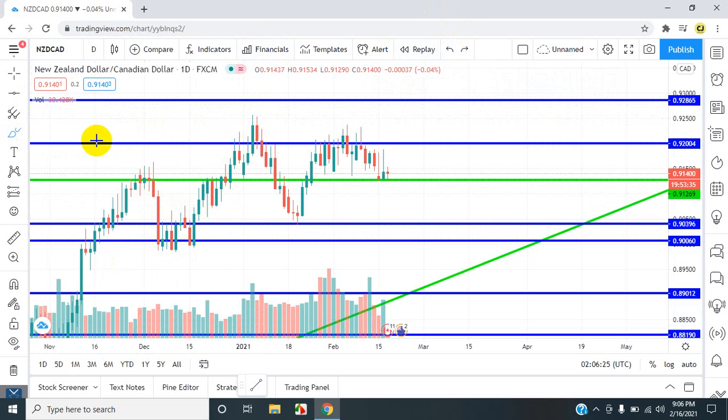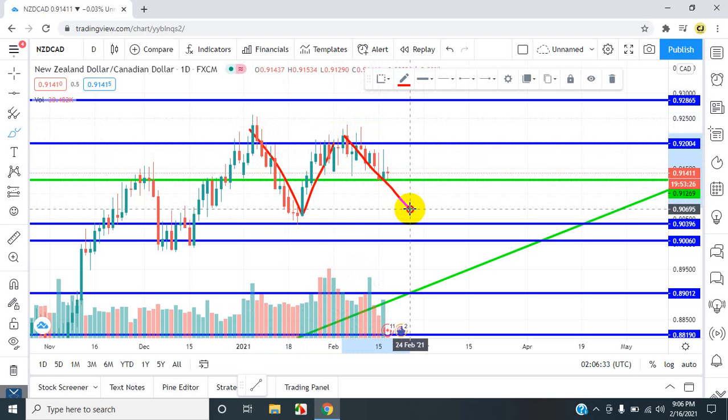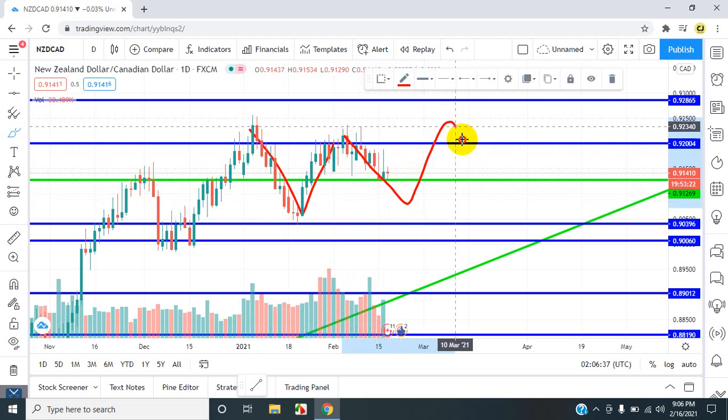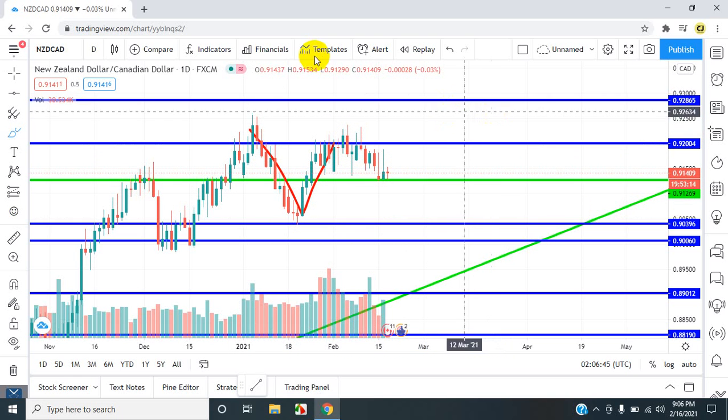So this is the first leg of the W. This is the second leg of the W. It may be trying to form the third leg of the W to come down further, to push back up, to retest previous areas of support, which we can see from over here, to shoot up higher. That can happen.